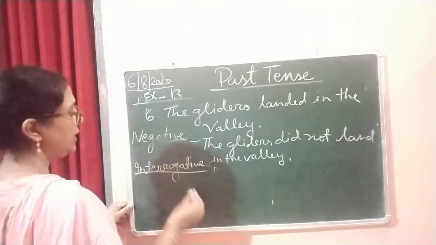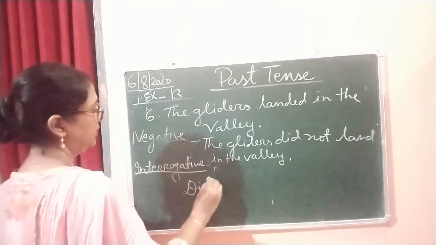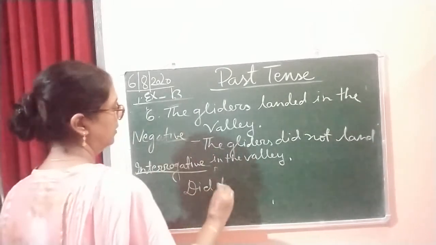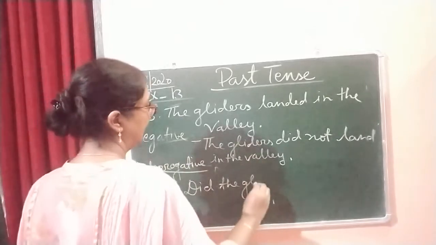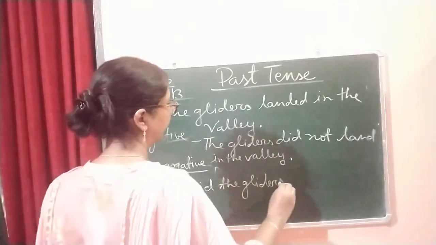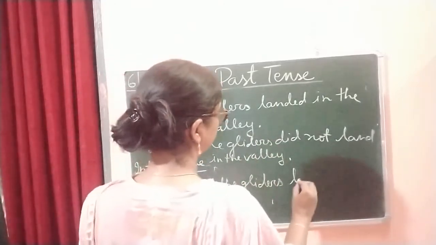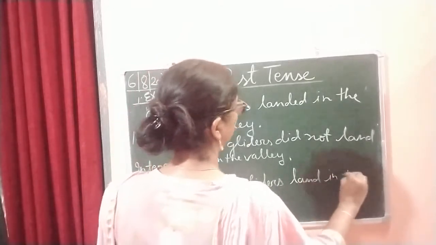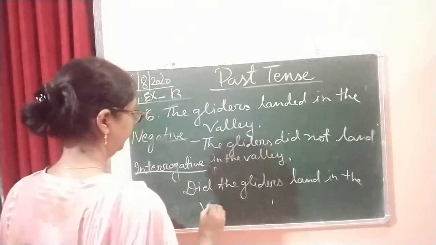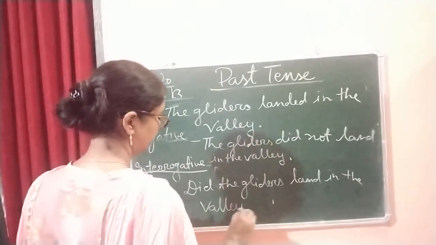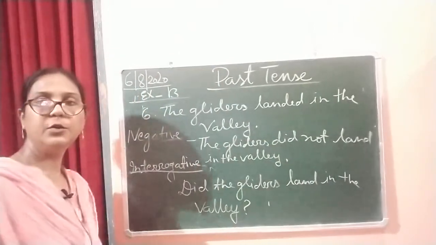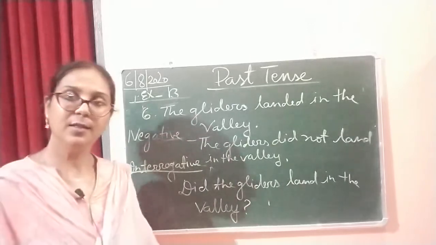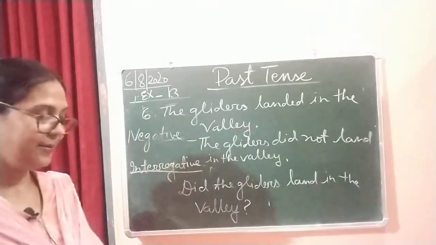In interrogative, did the gliders land in the valley? So this way we have completed this exercise.